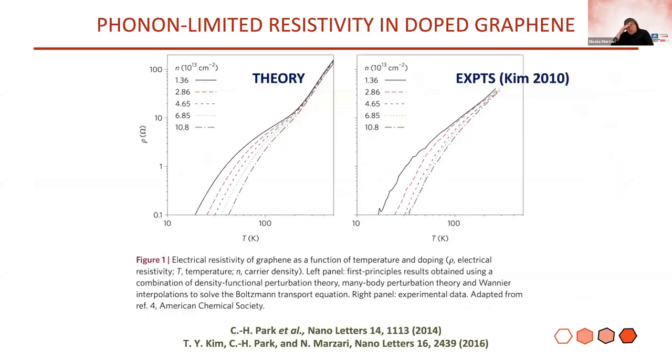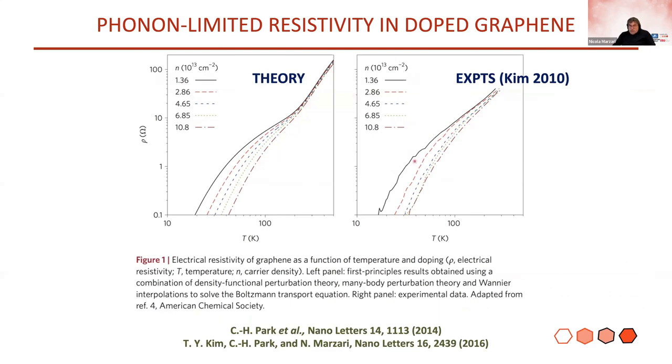Another example, talking about multi-physics, multi-scale simulation. In this case, looking at the resistivity. Here it's a monolayer of graphene as a function of doping and as a function of temperature. And you see on the left the theoretical prediction, and on the right the experiments.